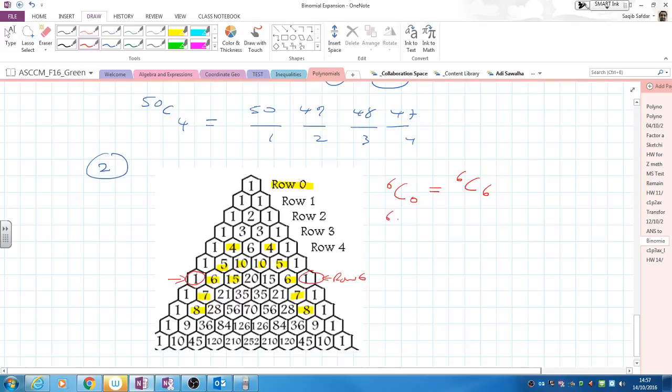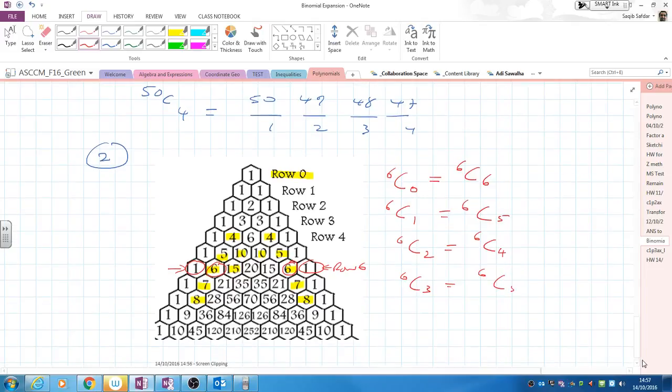It also means 6C1 is going to be the same as 6C5. 6 is the same as this 6 here. 6C2 is the same as 6C4, and 6C3 is the same obviously as 6C3.